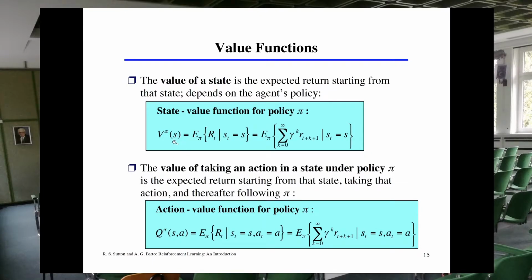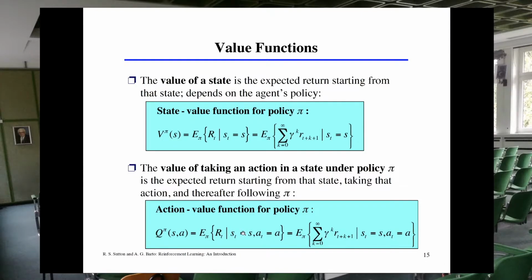So in the same way that we can define a value function for states, a state value function, we can also define an action value function. In this function we also add the action. So we say the q value of this pair of state and action, and all you need to consider is the return.